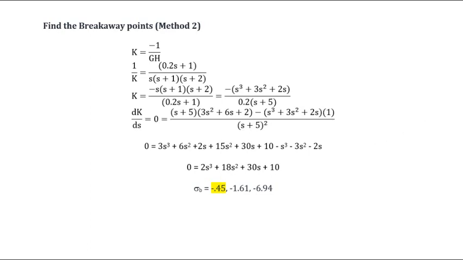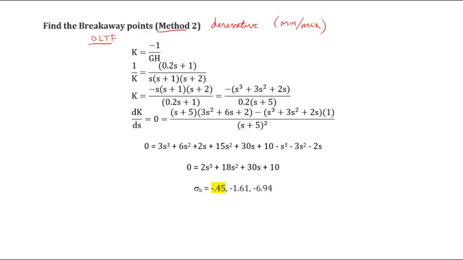Method two uses the derivative. I probably should have written that there. It's a min-max problem, really. First of all, we take our open loop transfer function, and I'm not very specific here, but you can see KGH.